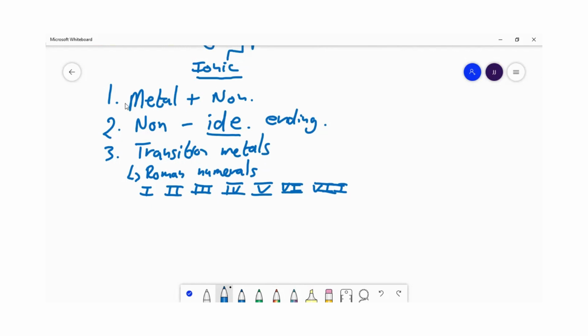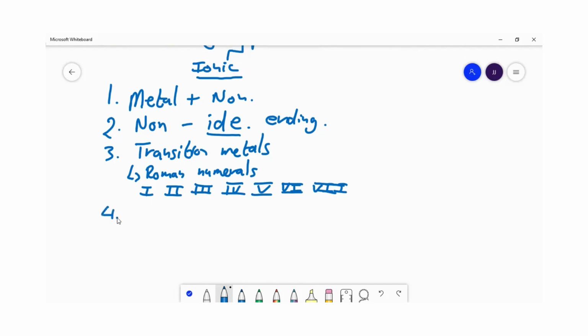So we'll have our metal that's combining with our non-metal, and we'll have our Roman numeral set right in over here, explaining to us the number of valence electrons that the metal has, represented by 1, 2, 3, 4, 5, 6, 7, etc.